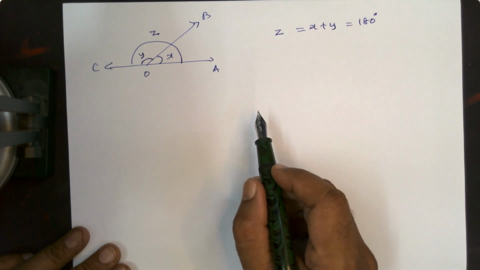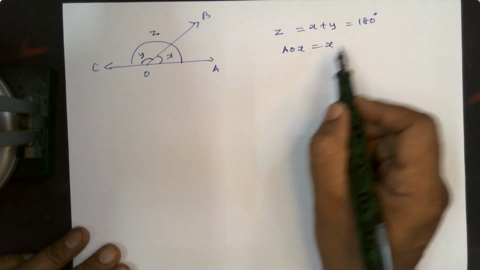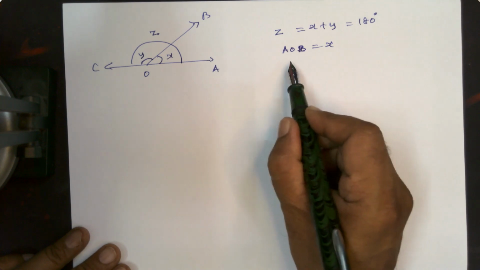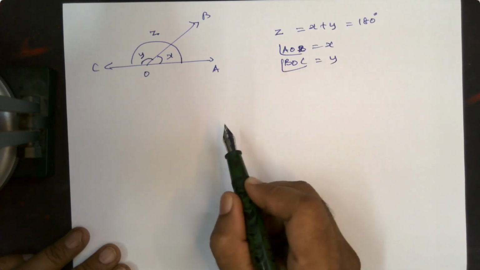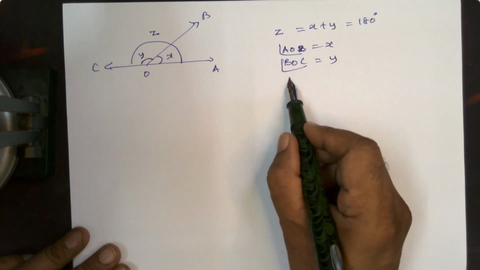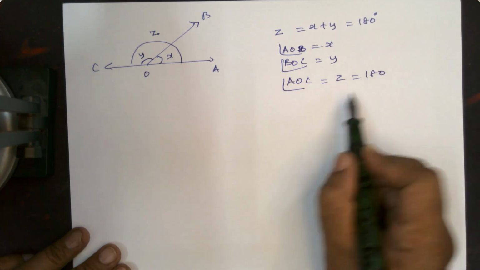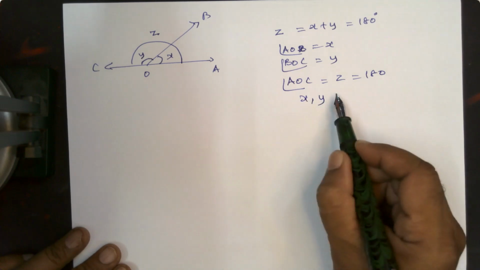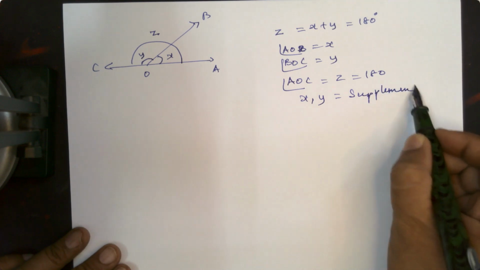Are you able to follow? So AOB is x, and BOC is y. So x plus y leads to Z. So Z is equal to AOC, that is equal to 180 degree. Such types of angles, for example in this case x and y, are called supplementary angles. You understand this?